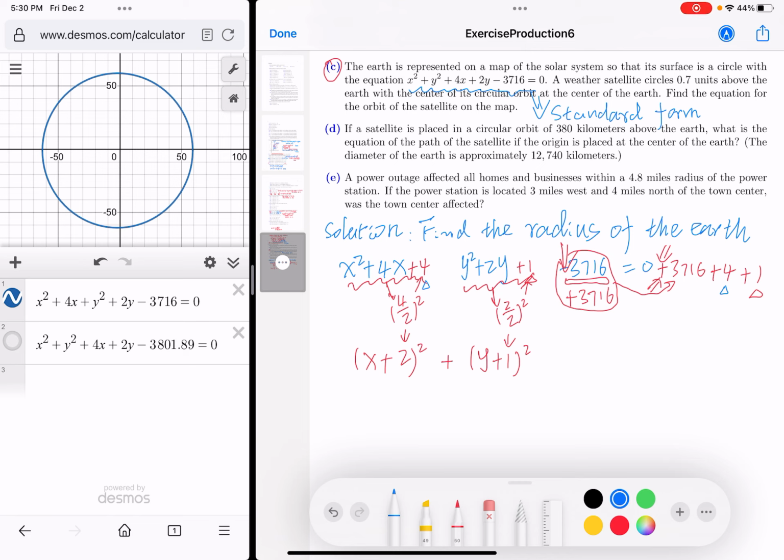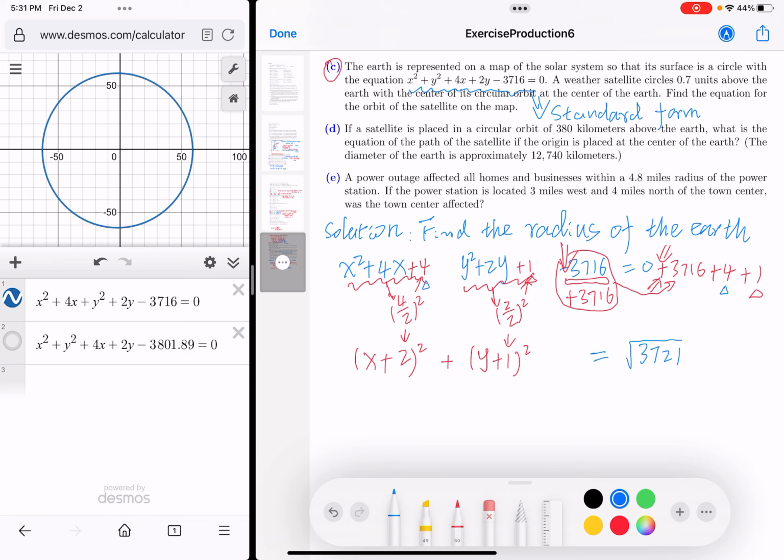So the right-hand side is then what? It is 3716 plus 1 plus 4, or plus 4 plus 1. So what we get is 3721. Now, we take the square root.